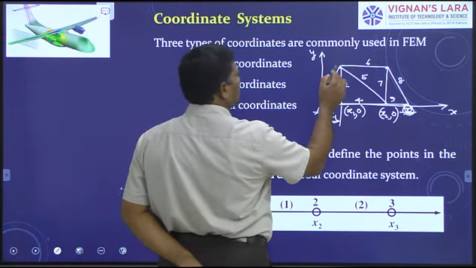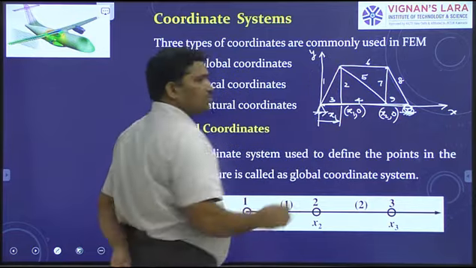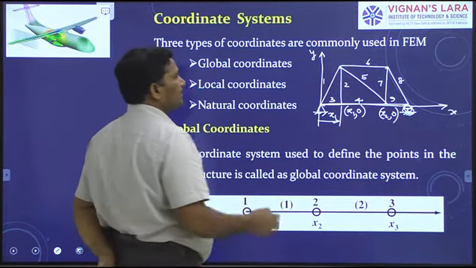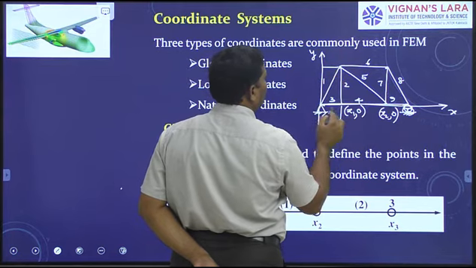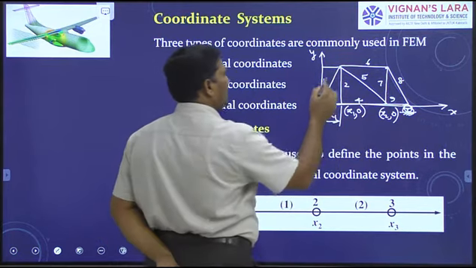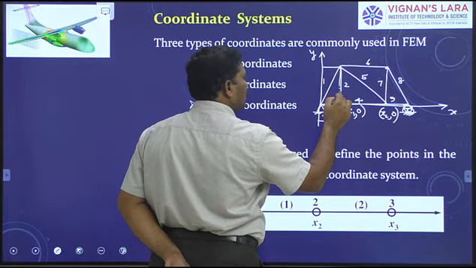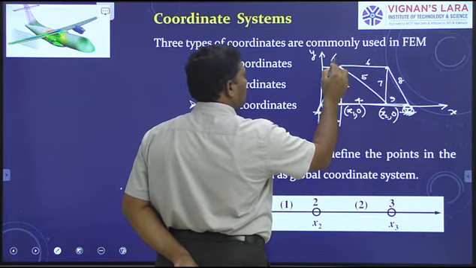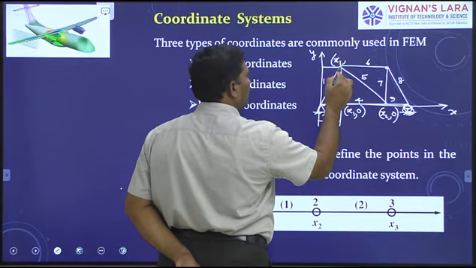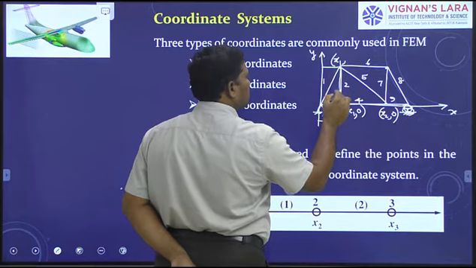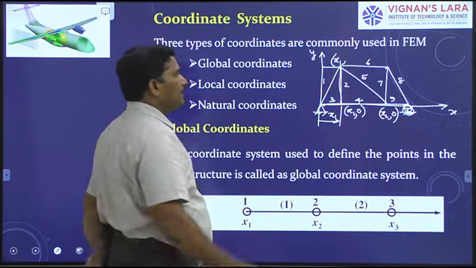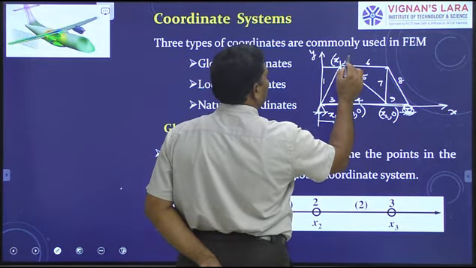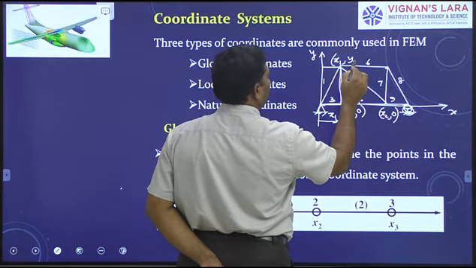Now to specify this point, we want two coordinates, say x and y. What is the x coordinate? This is the x coordinate equal to x1. And what is the y coordinate? This is the y coordinate. So therefore, you can write x1 comma and the distance of this point from the x-axis. Say y3.